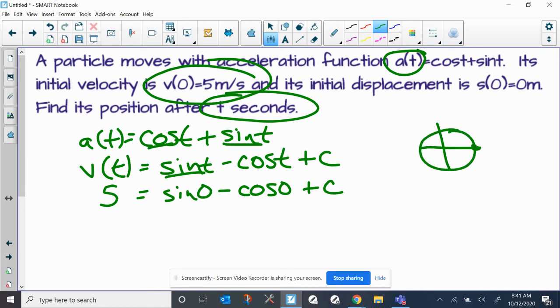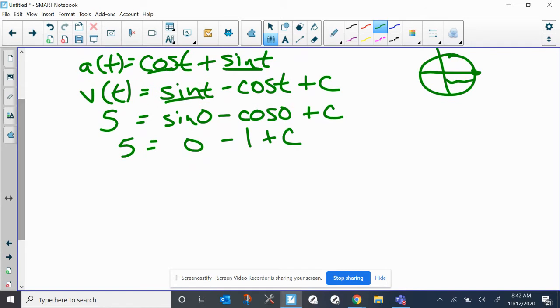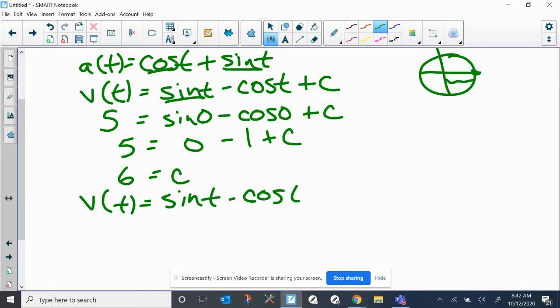Sine is the height, so sine is just 0, and cosine is the x value, so it is 1 to the right. So I have 5 equals 0 minus 1 plus c. To solve for c, I'm going to add 1 to each side, and I have c equals 6. So my velocity equation is sine t minus cosine t plus 6.